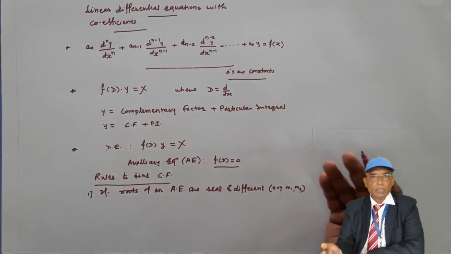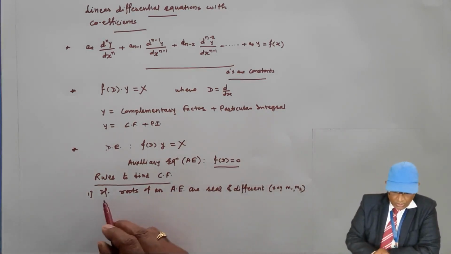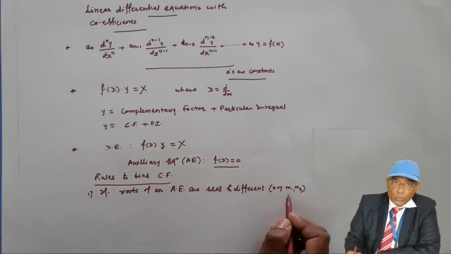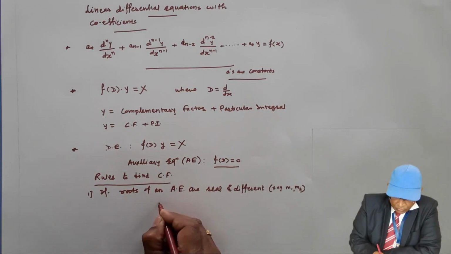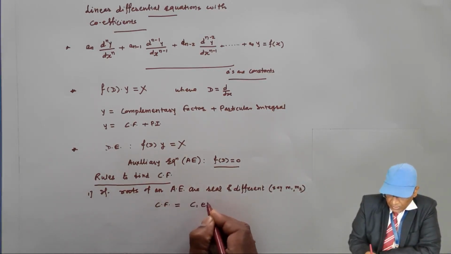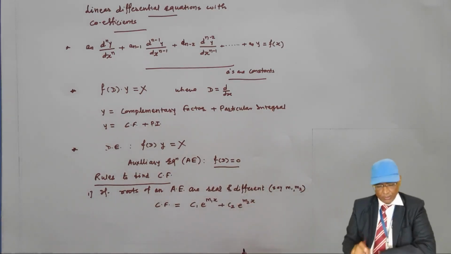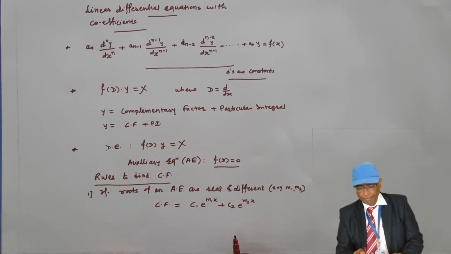There may be 2 different roots, 3 different roots, or any number of different roots. If the auxiliary equation has 2 different roots, then the complementary factor is C1 e to the power m1 x plus C2 e to the power m2 x. This is the complementary factor.